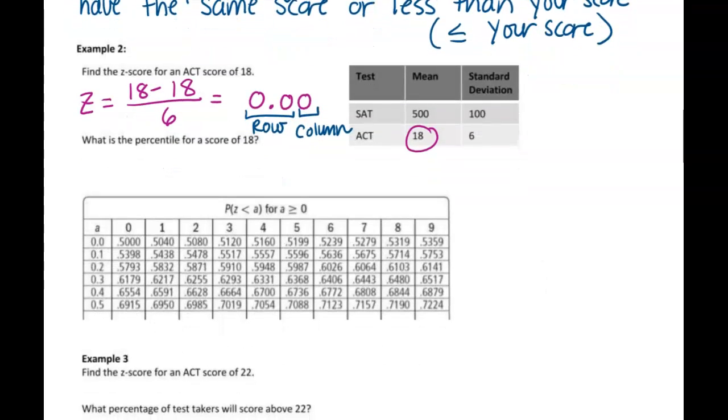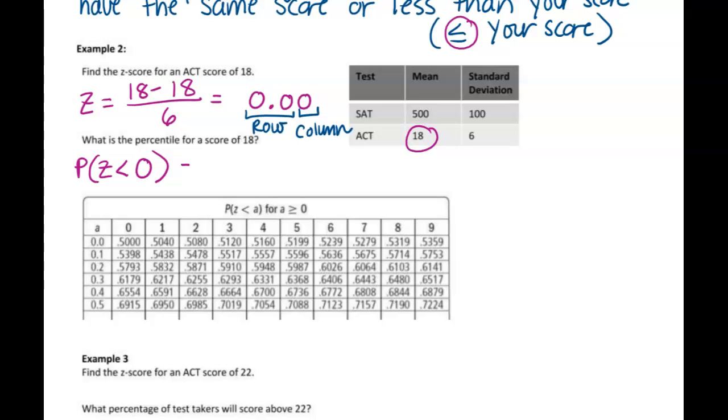So now if we look, percentile for a z-score of 18 is the probability that z is less than 0, because that's our z-score, right? We got 0. Don't worry about the less than or equal to versus less than. That's more complicated statistics than we're going to get into. So this table, probability that z is less than 0.